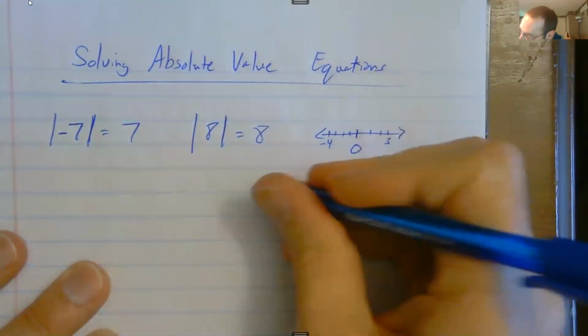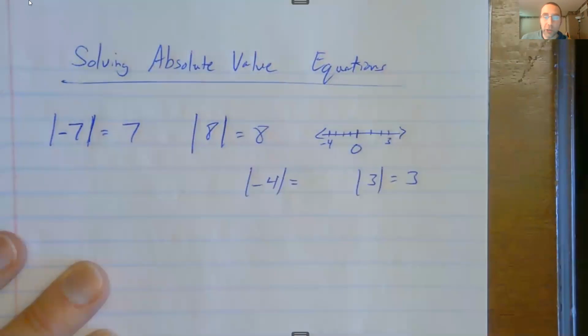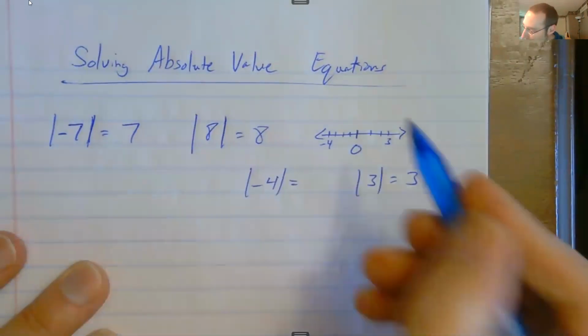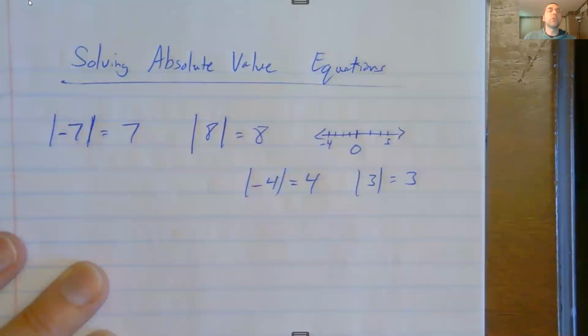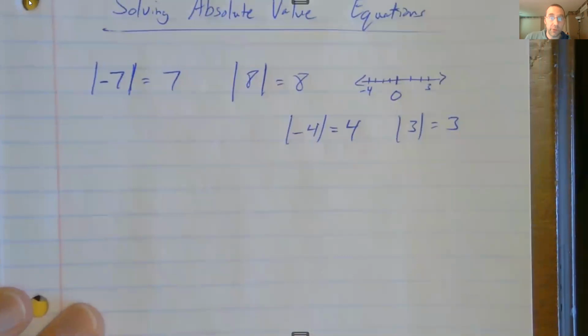The absolute value of -4 is 4 units away from 0, so that has a value of 4. So either way you want to think about it, absolute value takes whatever's inside and makes it positive. Okay? So that's just dealing with the numbers themselves.